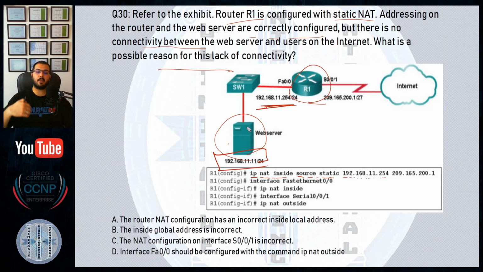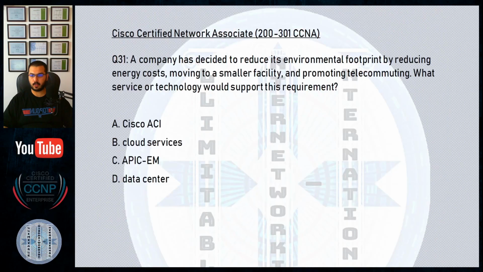We will translate the IP address of a host to a public one, because this host is the one who wants to communicate outside. So we should translate 11.11 there, not the 11.254. Definitely not. So this is your problem. The public is correct, the private is incorrect. So the NAT config has an incorrect inside local address. You can see that. So it will be A for this question.